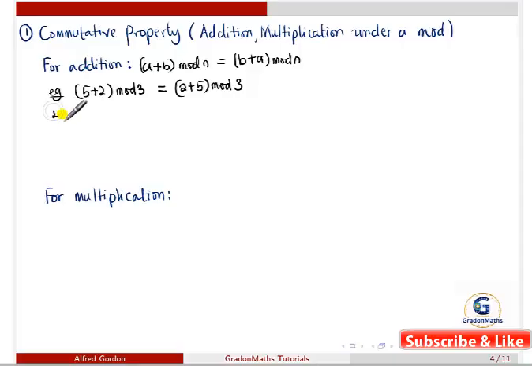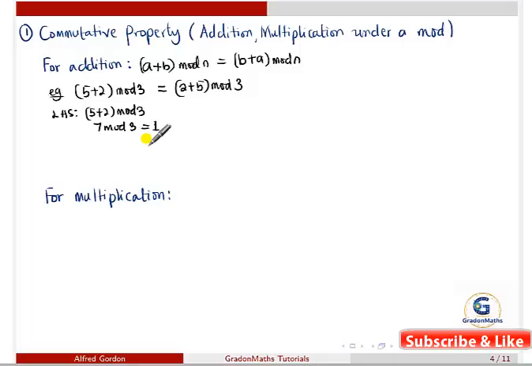From the left hand side, we have (5 + 2) mod n, and our n here is 3, and then 5 + 2 gives us 7 mod 3. And what is 7 mod 3? We know from our previous discussions that 7 mod 3 here is nothing but a 1.